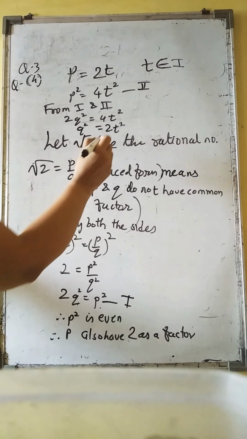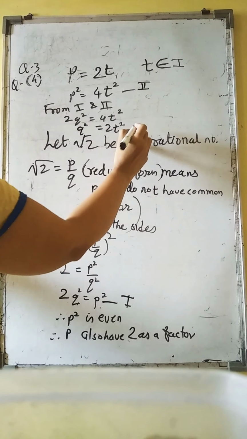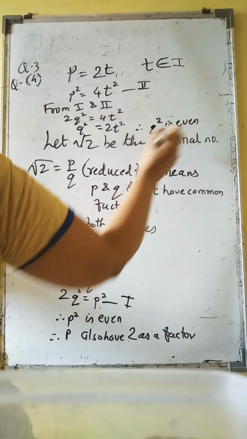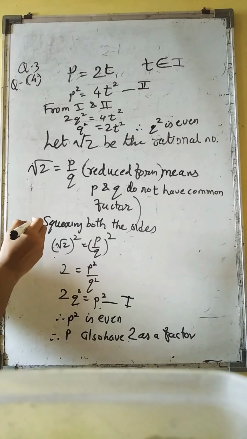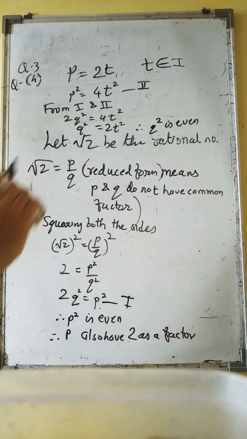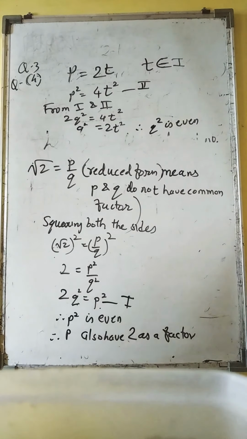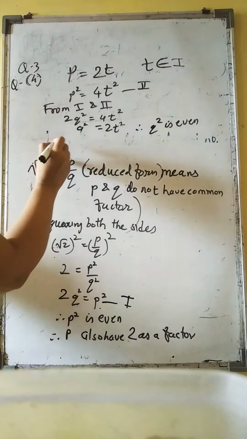So that means it is also a multiple of 2. So therefore Q square is even, and therefore Q is also even, right? Therefore 2 is factor of Q.